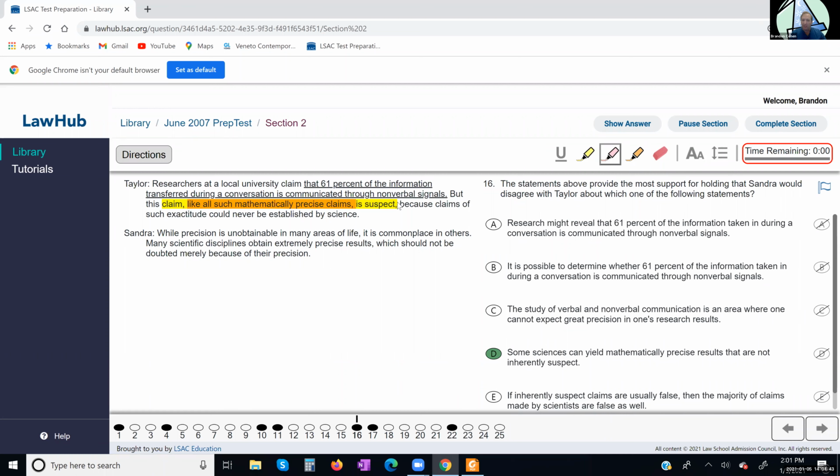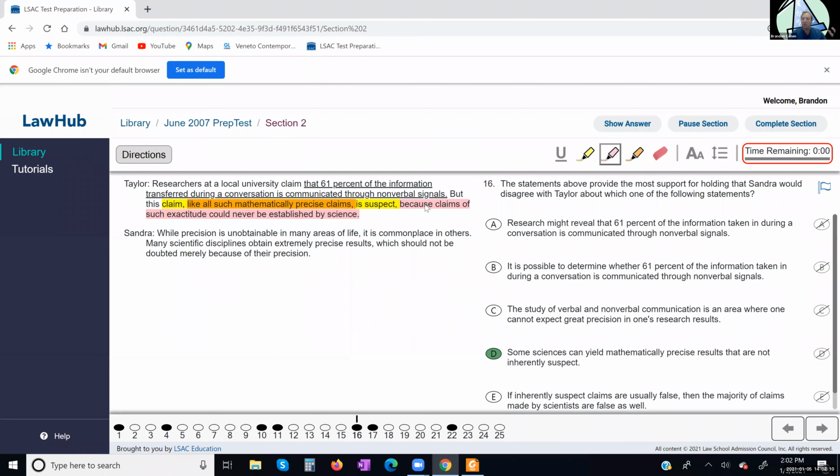As we transition here, the word because is our transition word that signals that this pink is our evidence supporting that. So they're saying claims of such exactitude could never be established by science. Now, as we think about Taylor's argument then, the pink's the evidence, yellow and orange are different conclusions they're reaching. The underline is the reference of the claim that Taylor's attacking, so it's almost Taylor's opposition.